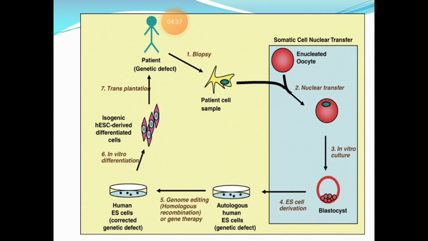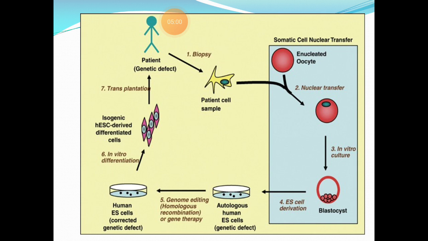And then you should have autologous human embryonic stem cells with the genetic defect. You can do genome editing, that is homologous recombination or gene therapy, so that you will get human embryonic stem cells with the corrected gene defect.